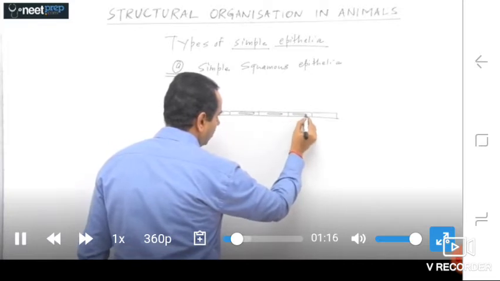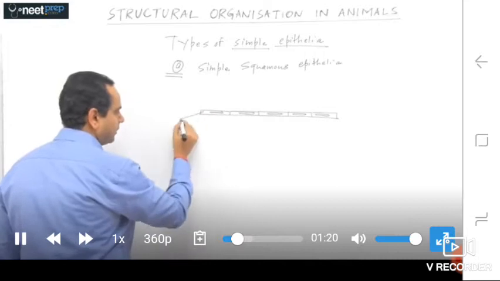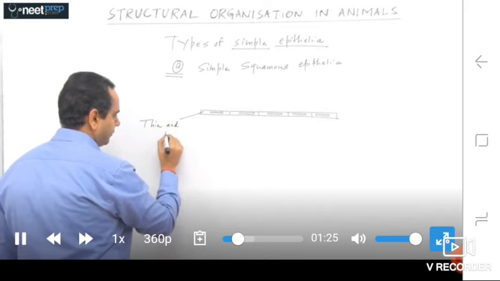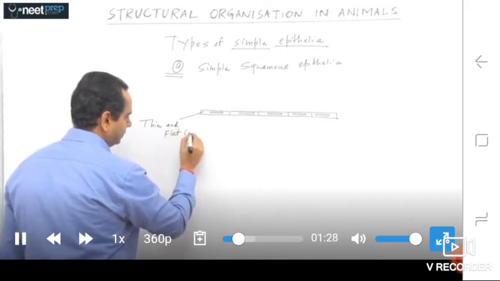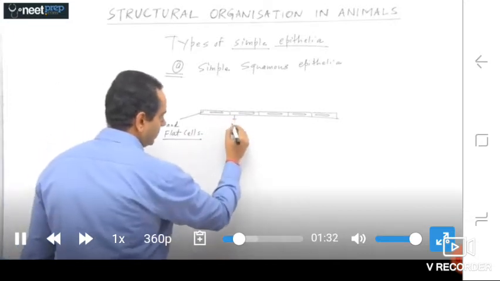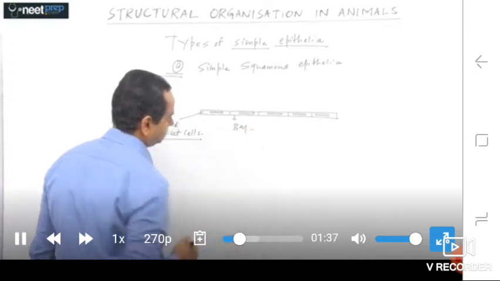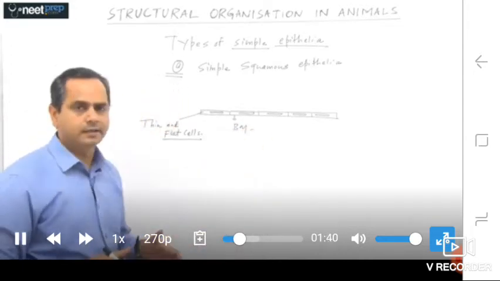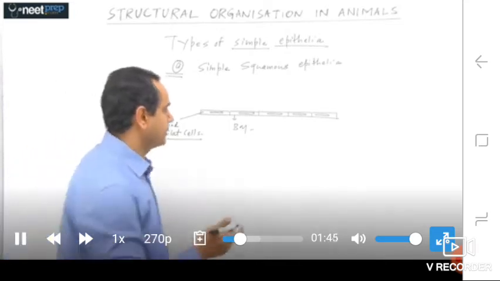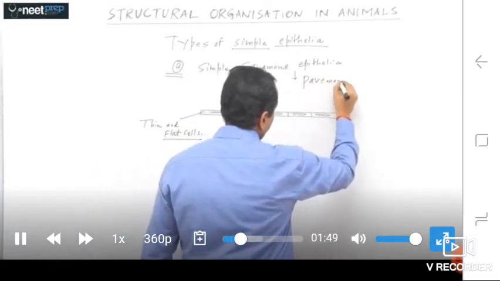So these are very thin and flat cells resting above the basement membrane. Flat and thin cells called squamous epithelia. And remember, this is also termed pavement epithelia.